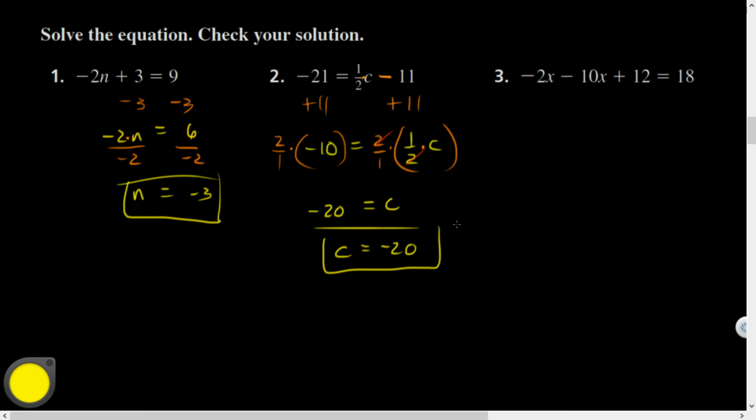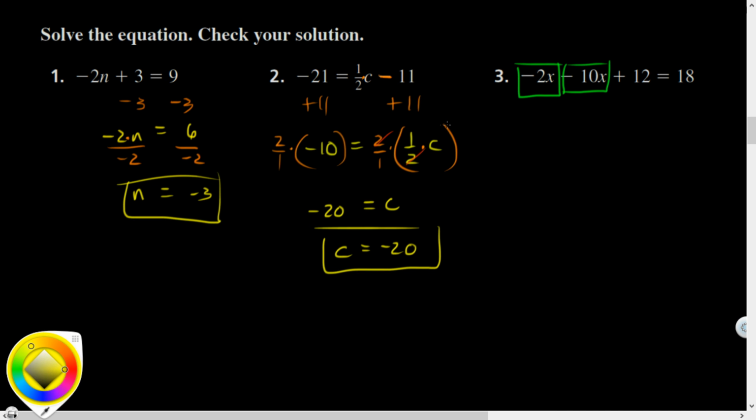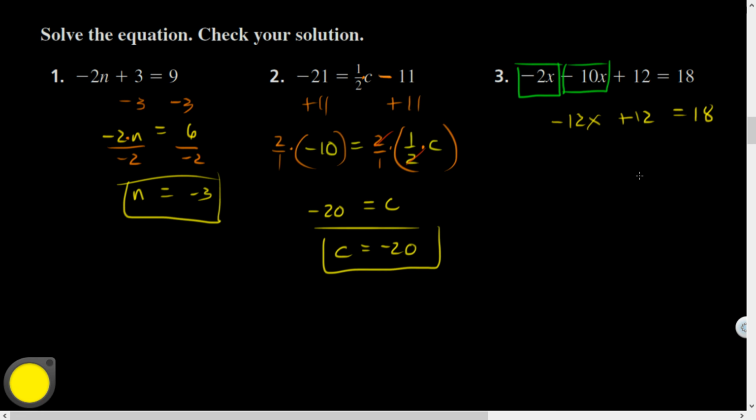So before I start moving things around, we want to bring our like terms together. So I'm going to have -2x and -10x. So these two negatives combine to be something more negative, so that's -12x plus 12 equals 18.